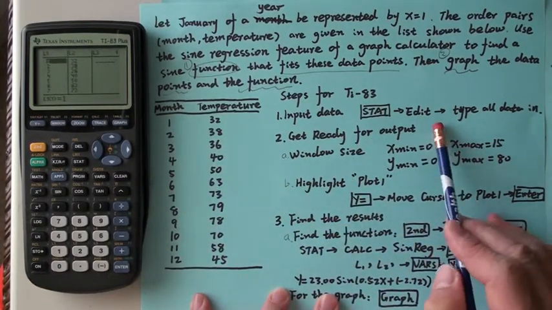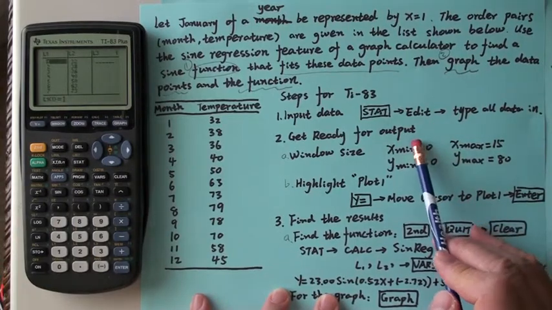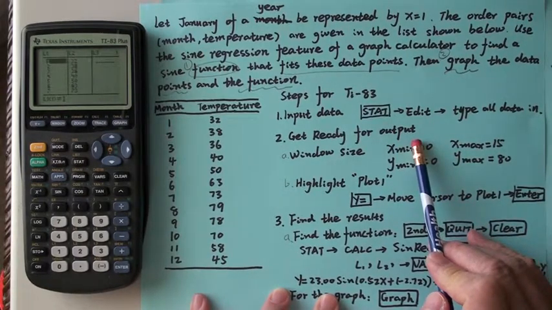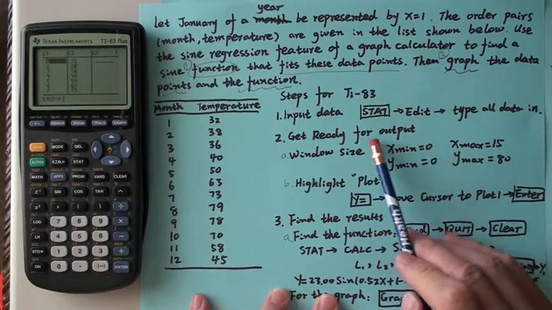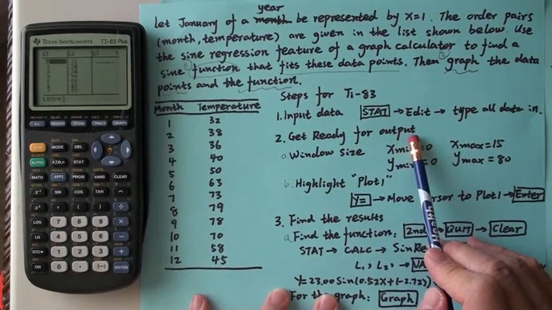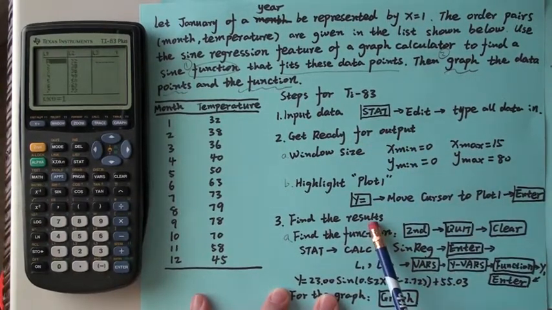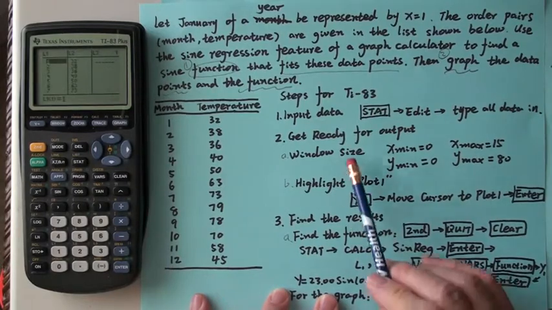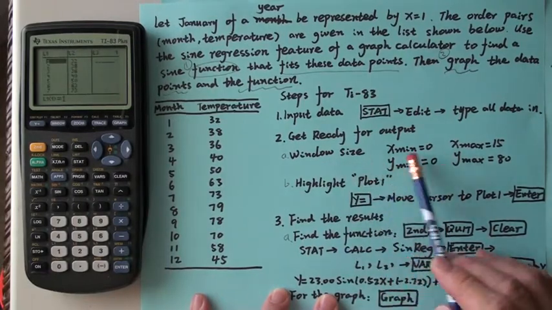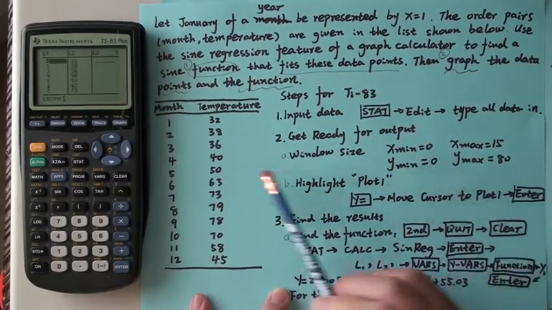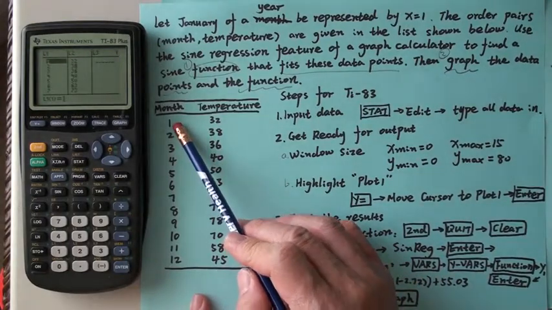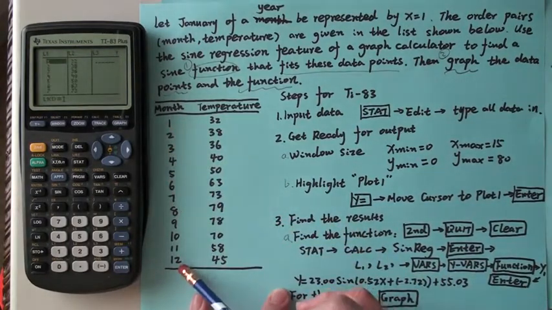When data is ready, the good thing is that we need to correctly set up our output, and then we can get all the results we need. And here the window size for X is from 1 to 12.